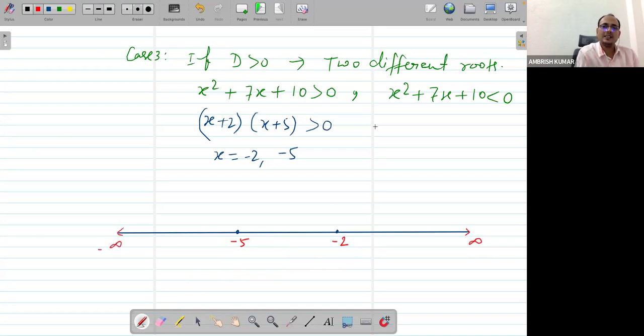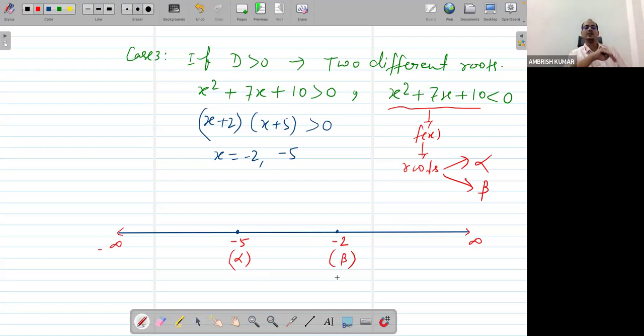So let us say this expression is f(x), and roots for this expression we assume as alpha and beta. We have to represent alpha and beta in order, the smaller on the left, bigger on the right. And then what is the rule?